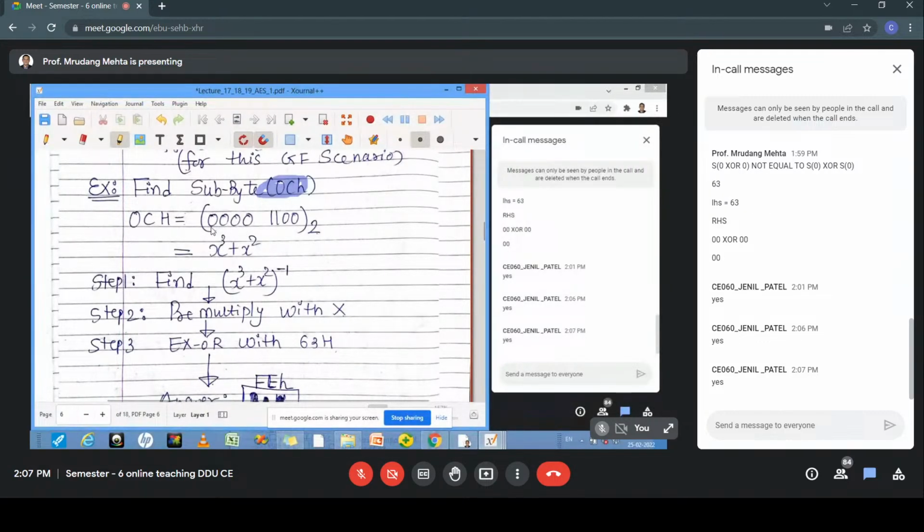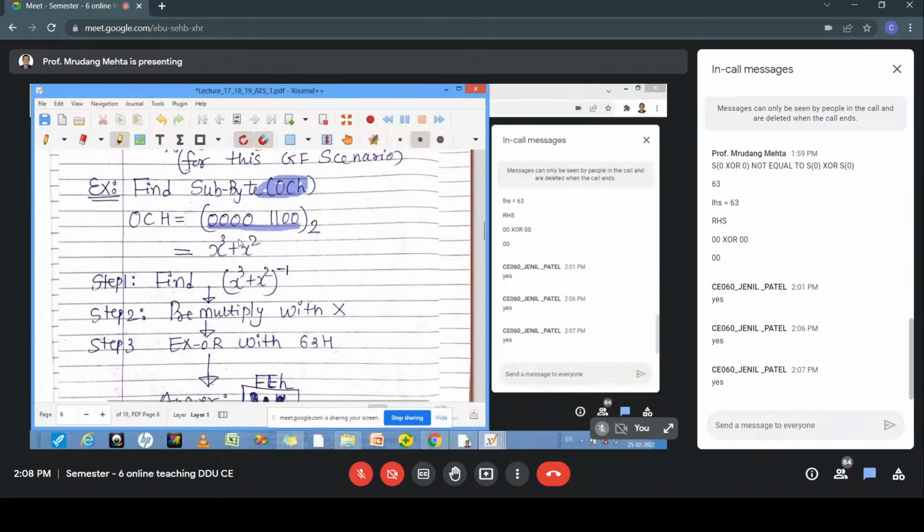Okay. So now we have to convert this binary into a polynomial because we have to perform the Galois field operation. So this is x raised to 0, this is x raised to 1, this is x raised to 2. X raised to 2 multiplied by 1 is x square.